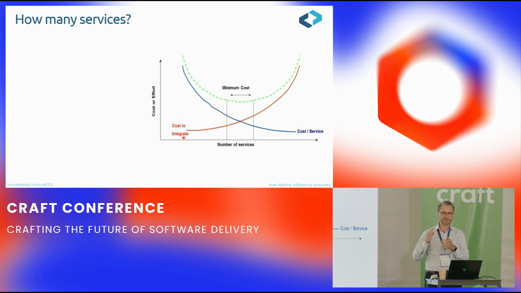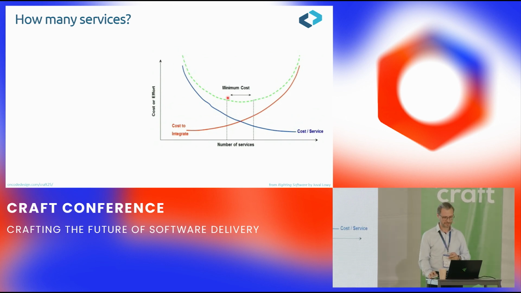We are paying for the cost to build a service, that's the blue line over here, and we are paying for the cost to integrate the services. So this graph shows the number of services by cost. There is really nothing else, the cost to build the service and the cost to integrate the services. That's pretty much what we are paying for.